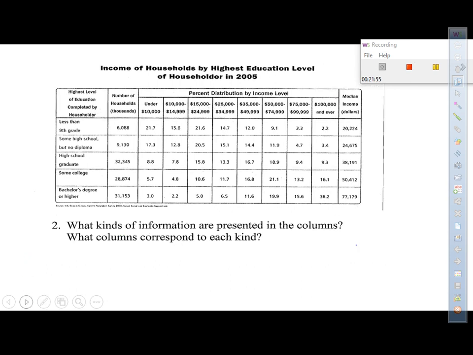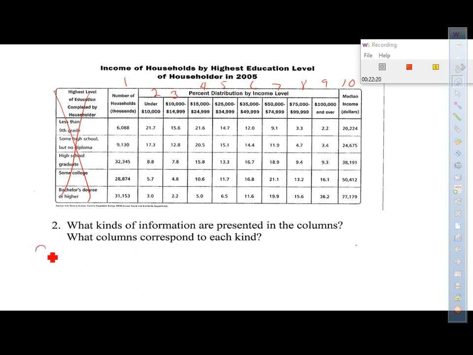Here's your number two. What kinds of information are presented in the columns? We've already used this as our row heading, so ignore this. Here's column 1, column 2, column 3, 4, 5, 6, 7, 8, 9, and 10. So here goes.